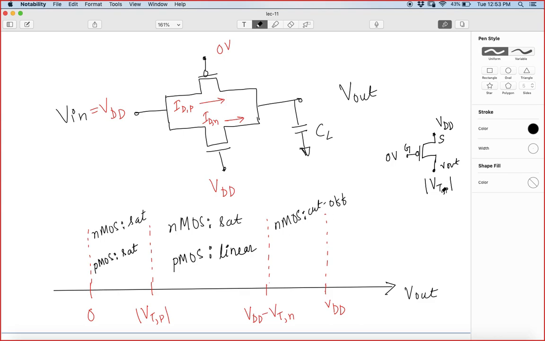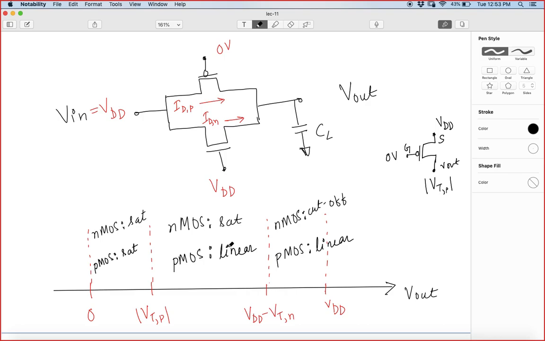Similarly, as it keeps increasing, the VDS becomes smaller and smaller, and even if this crosses, because the VGS is always high, VDD, the PMOS will be in linear region again in this region also. So we can see that the PMOS is in saturation region here, and it is in linear region here.